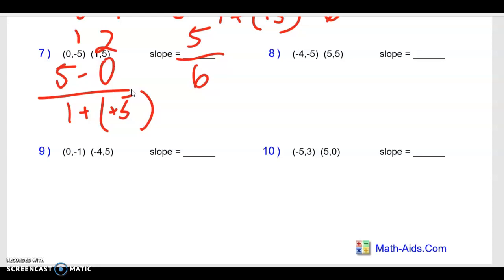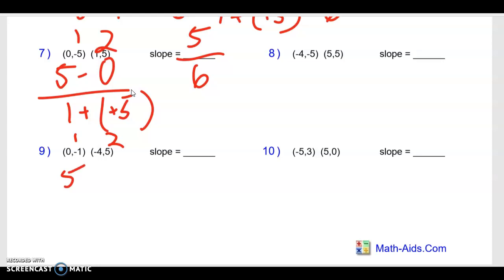All right, last one. So point 1, point 2. I am labeling them just so you can see where I'm getting my numbers. You do not have to label them if it just confuses you. As long as you set your problems up correctly and you're getting the right answer, then we're good. So here we go again.